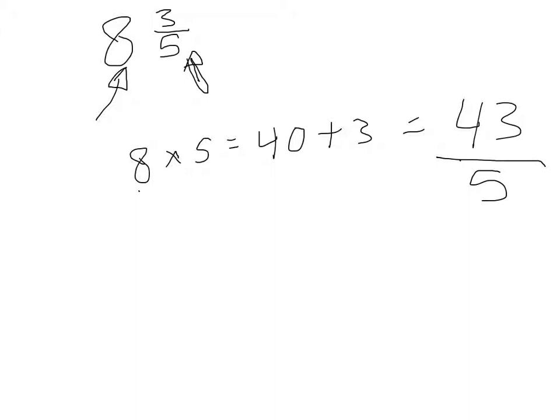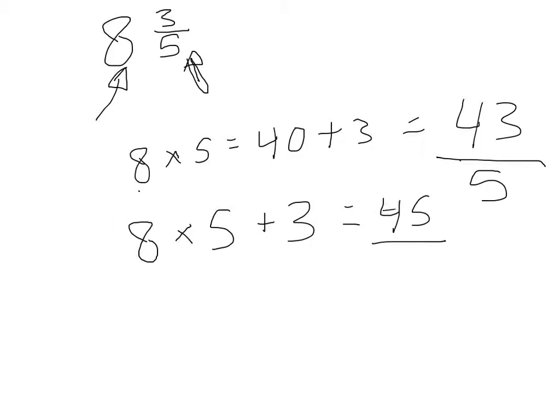If you want to do that really quickly, just think, okay, start with the whole number, and then multiply by the denominator, and then add the numerator. And that tells you the number that goes on top, the new numerator, and the denominator stays the same.